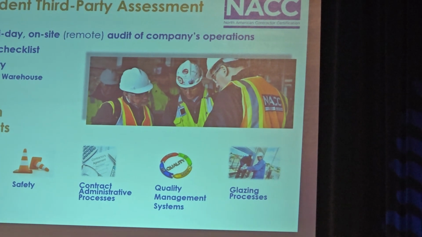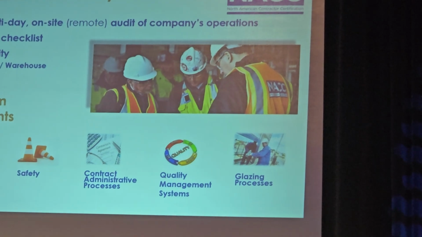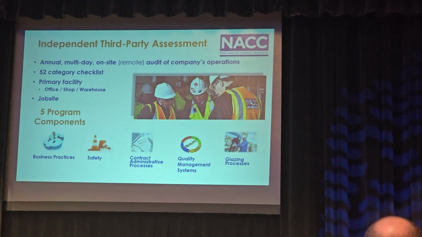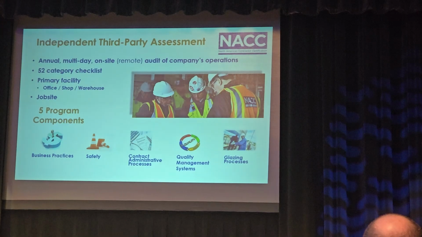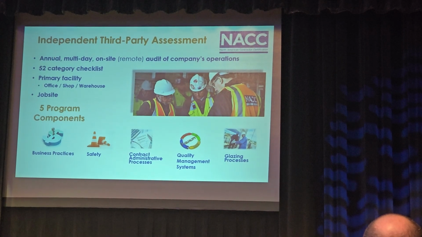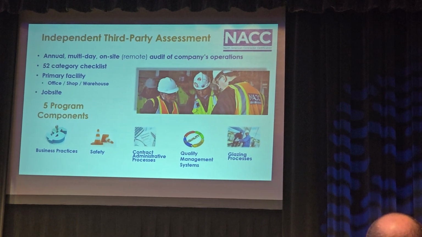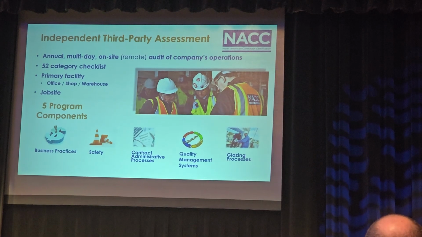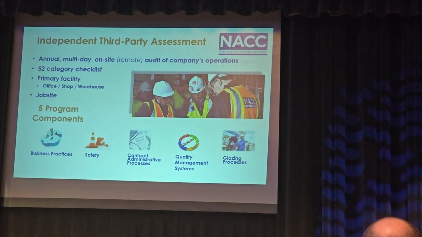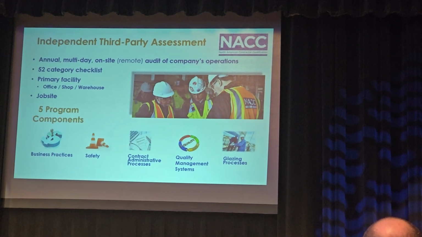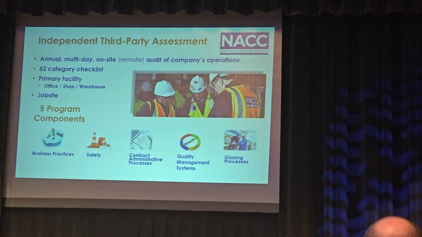So there are five program components. We're going to look at their business practices, validate that this company's been in business, they're stable, they're going to be around. If there were to be a warranty claim, they're going to be here to fulfill it at the end of the day. Safety. This is maybe even more paramount than the quality aspect.